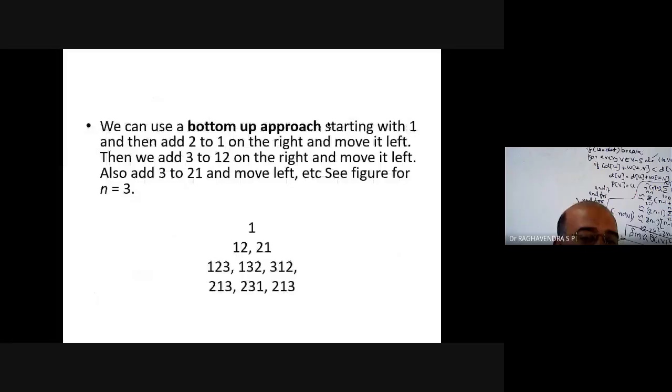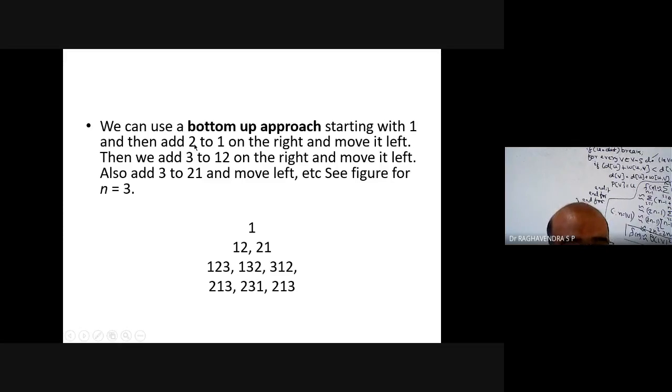So we will consider a very simple approach here. We can use a bottom-up approach starting with 1. For example, in this case n is equal to 3, so a 3-number representation. Suppose we start with 1.